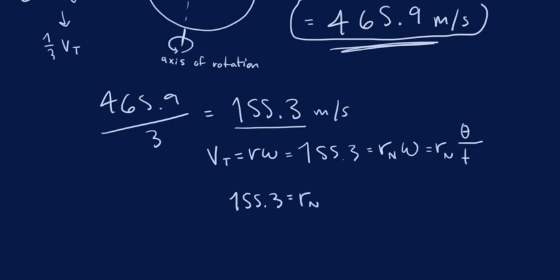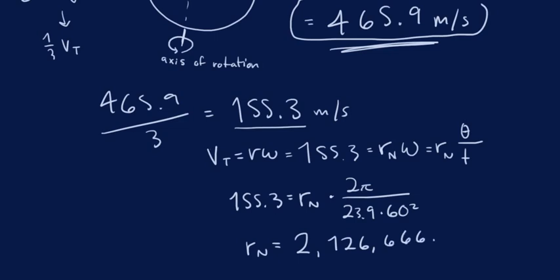We're still going to be traveling one full rotation, so it's going to be 2 pi, and time is still 23.9 times 60 squared, because it's a full day. And when we solve for Rn, we will get 2,126,666.67 meters. So that's our new radius.